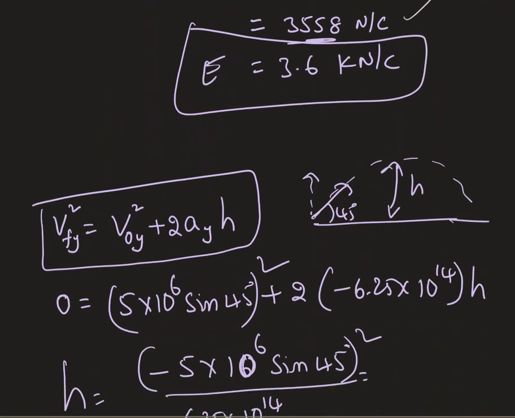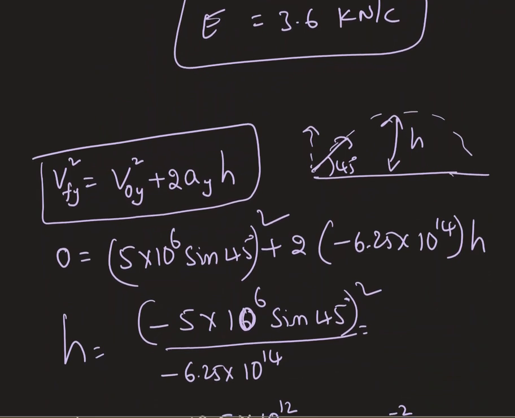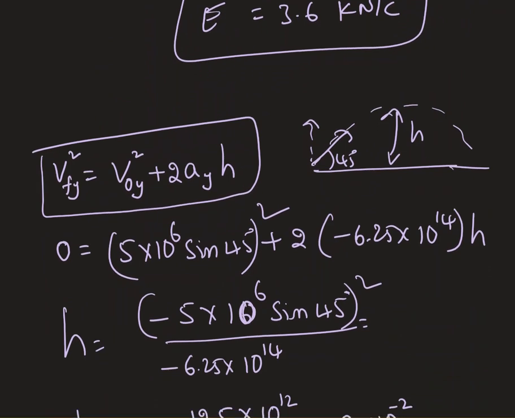Okay, now the next question he's asked about: find the height. What is the maximum height it can reach? So here I'm going to use v final velocity squared equals initial velocity squared plus 2ah. All of them are in the y direction.